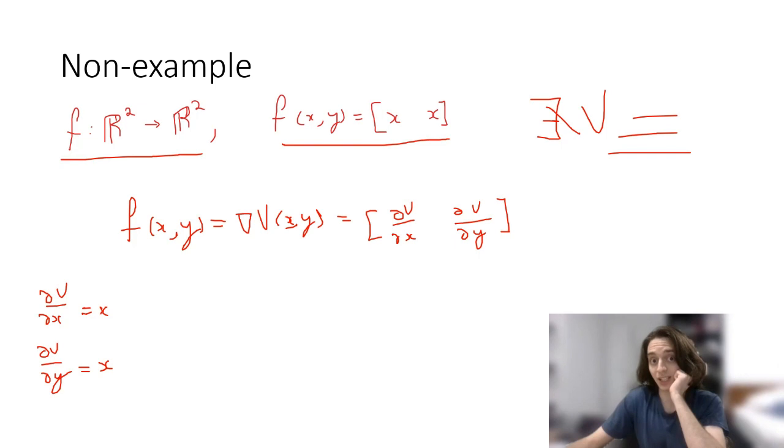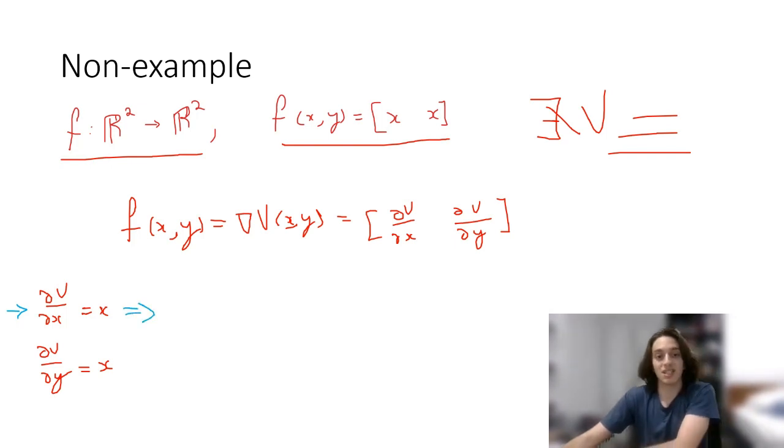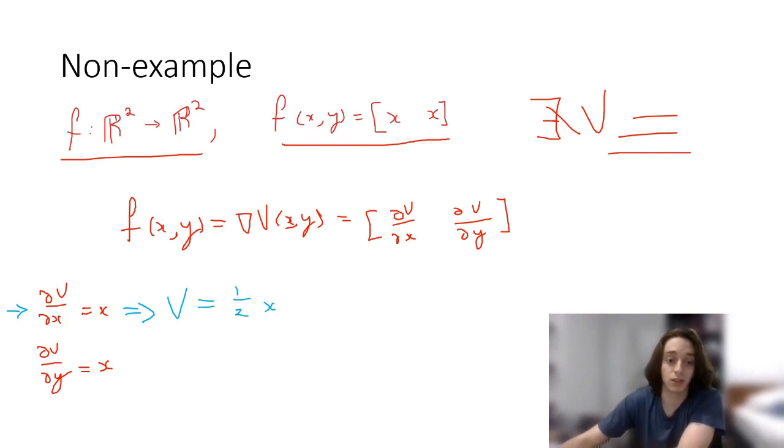This might look intimidating at first, but you can tackle it in this way. First, you just start with the first line here. What does this imply v has to have a form of? This implies that if you find an antiderivative with respect to x, it has to be of the form a half x squared.